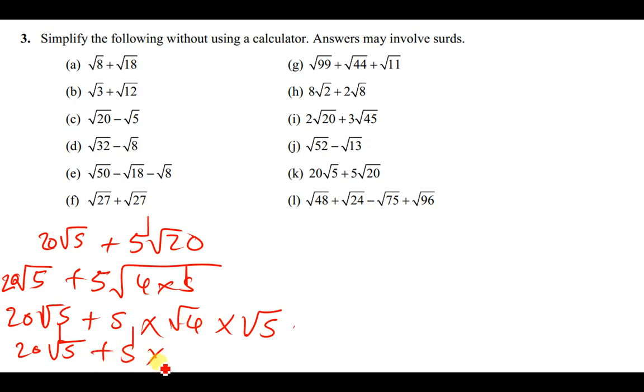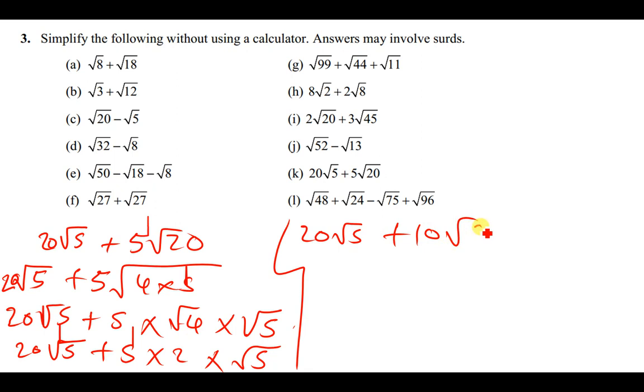The root of 4 is 2 times the root of 5 there. So we have 20 root 5, then 5 times 2, the answer is 10. So we get plus 10 root 5. So 20 plus 10, the answer is 30 root 5.